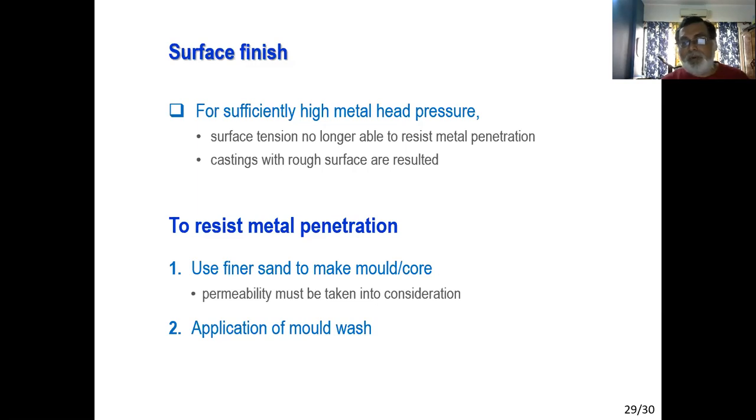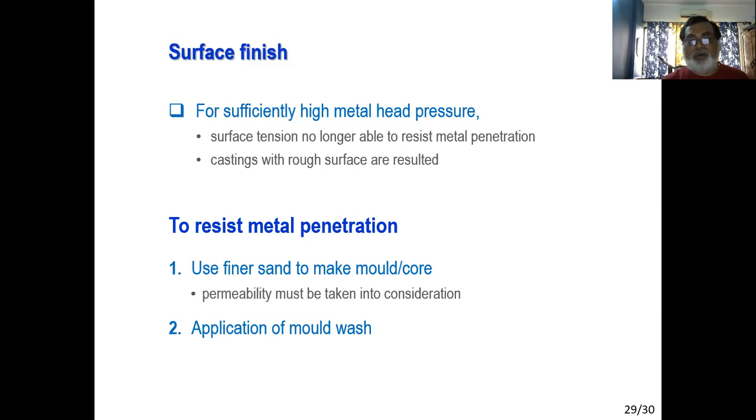One thing we can do is still use coarse sand on the other side, but at the inside surface of the mold, we can use finer sand in the form of mold wash. It can be a liquid wash, that means finer sand in suspension with a liquid material.